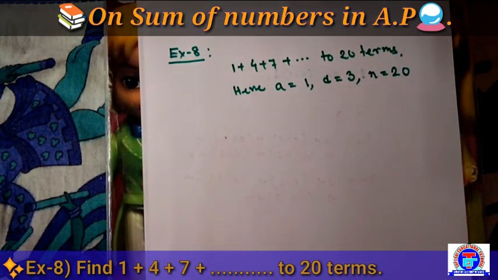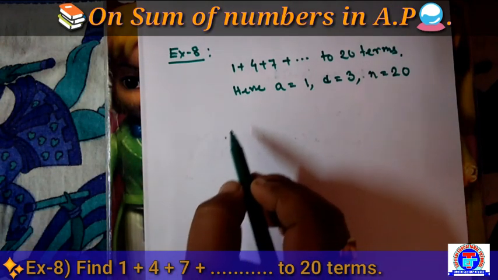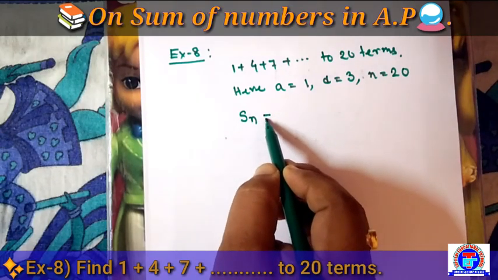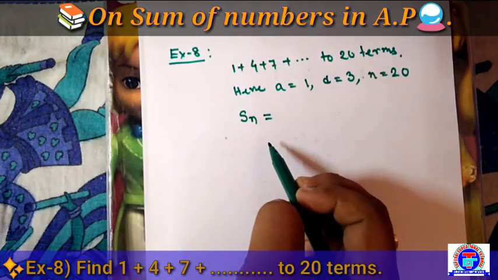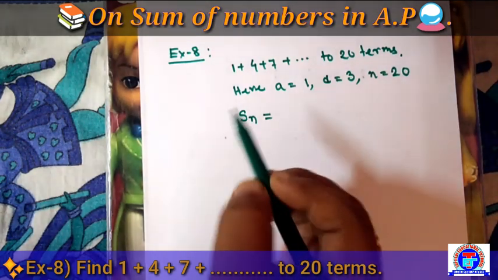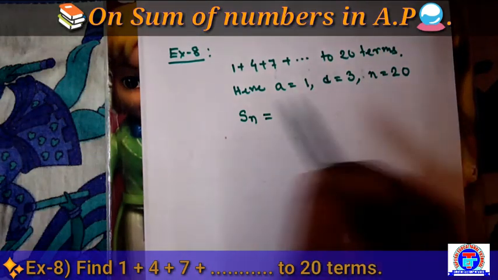Now using the formula we can write Sn is equal to n by 2, and n is equal to 20 here.